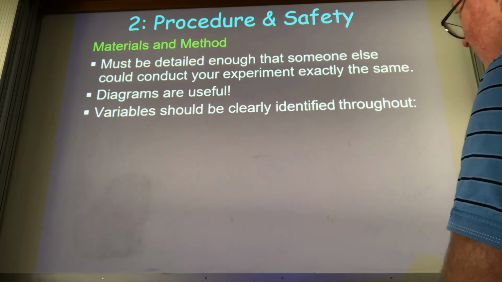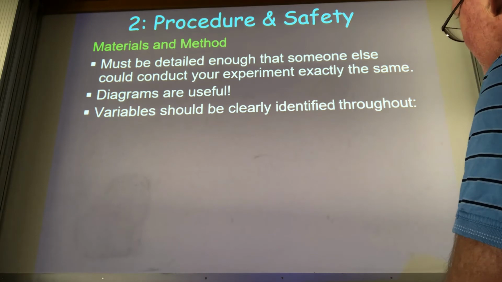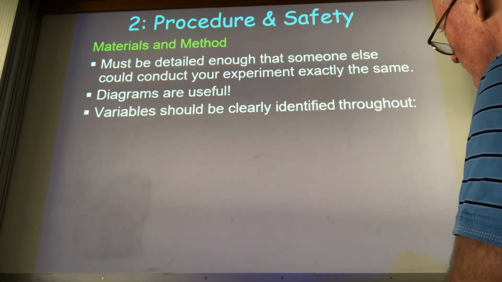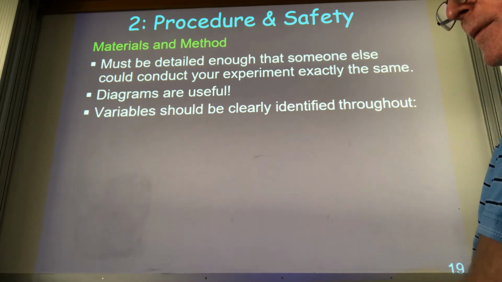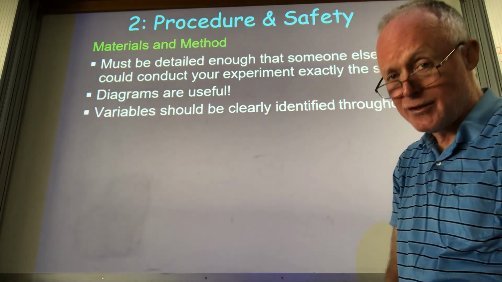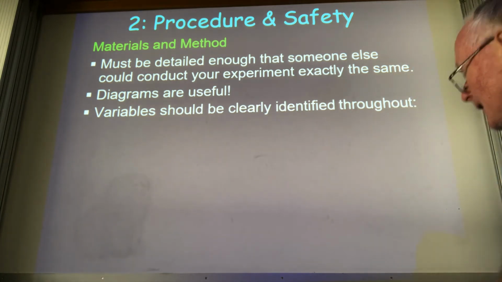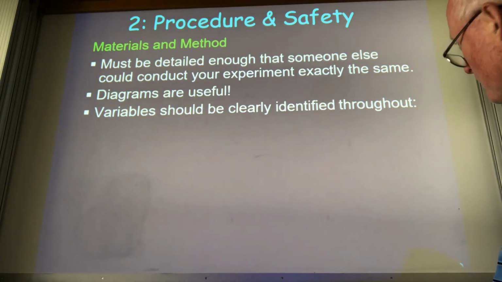Someone else has got to be able to come along and conduct the experiment exactly as you have. Diagrams make things a whole lot easier. You've got a diagram there. You may need to adjust it slightly, but that would be a very useful starting point.